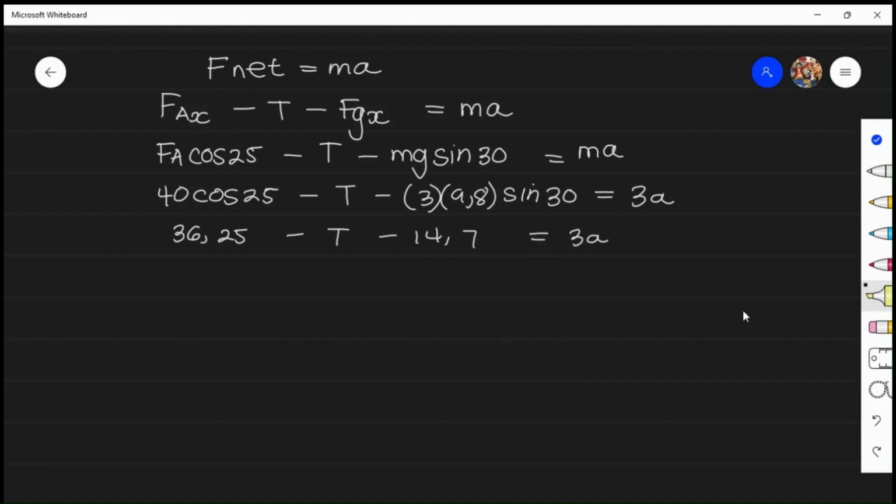From here, we can put these two constants into our calculator. Don't forget about the sign that is associated to that constant. Don't leave out the negative sign in front of 14.7. So let us put this into our calculator. So we have 36.25 minus 14.7, and that gives us 21.55.